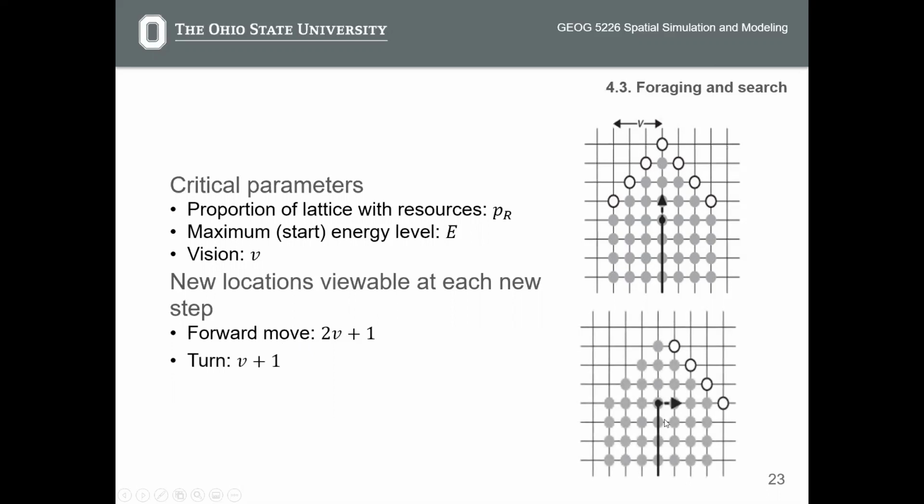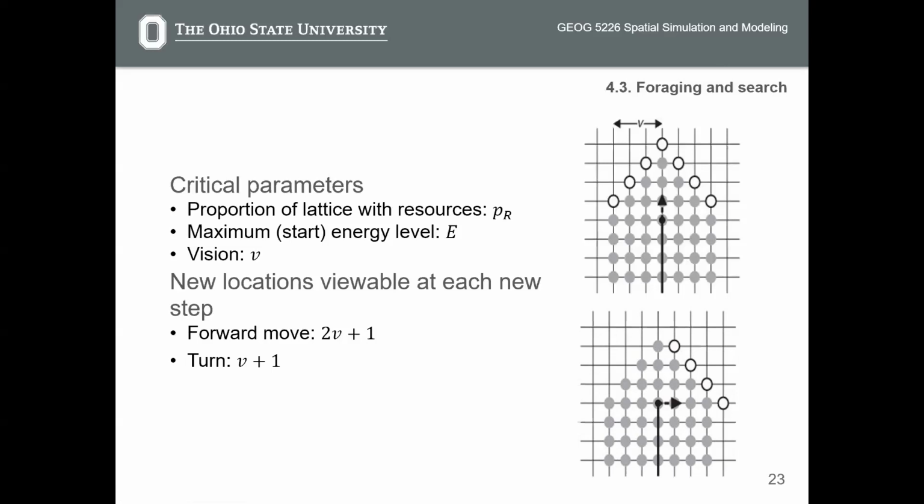On the other hand, if currently this walker is at this location with the black dot, and it changes direction to the right or to the left, only V plus 1 new sites can be seen, which is 4 here because V is equal to 3. So if you compare these two examples of movement, which one is more efficient in terms of finding new sites or finding food?